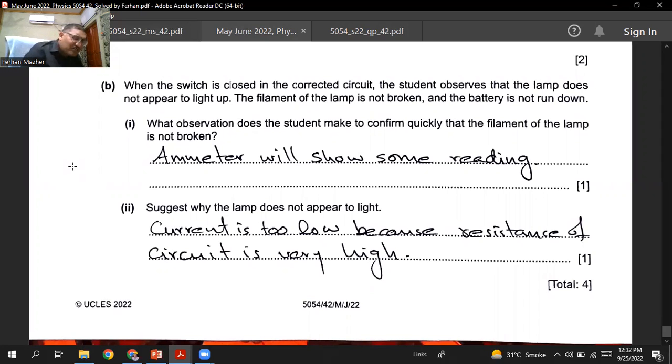The lamp has not started giving us light. And the reason can be that the current is very low. So how do I know that the lamp is not broken, but the current is low? Because the ammeter will be showing some reading, but the lamp will not light. Because the ammeter is showing some reading, that means the filament of the lamp is not broken.